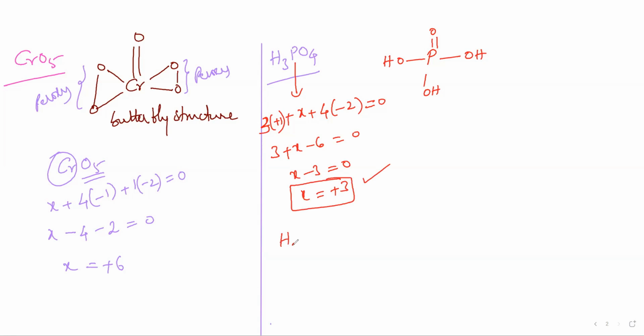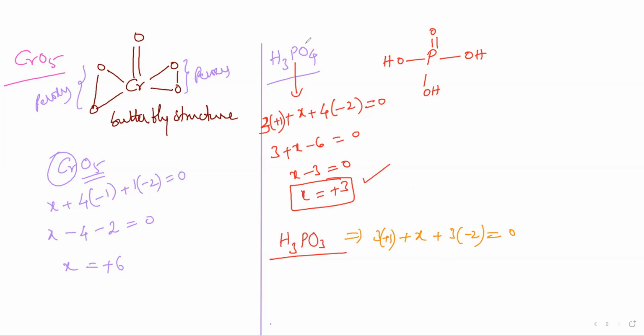If you consider H3PO3, calculate its oxidation state. You don't know phosphorus. X plus 3 into -2, 3 into +1 is equal to 0.